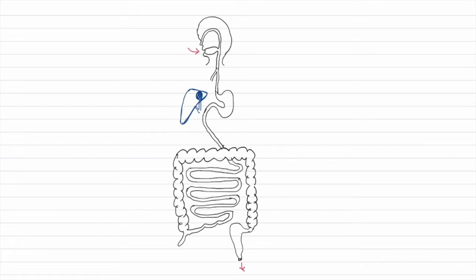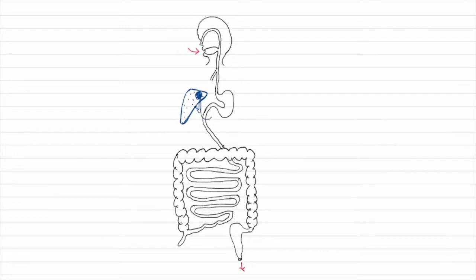Bile juice is produced from this gland, and this dark circular gland is generally known as the gallbladder. It acts as a storehouse of bilirubin or bile pigment.